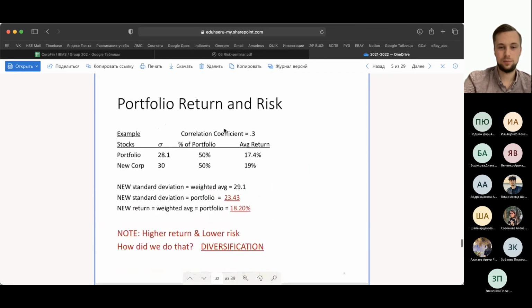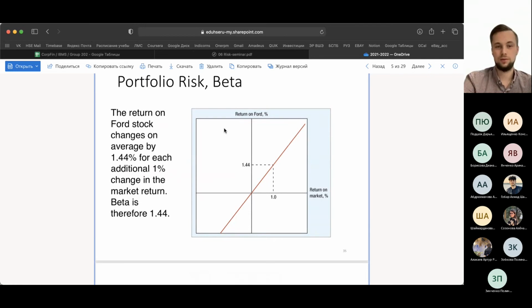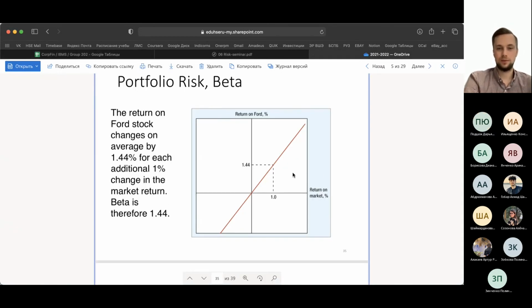Yeah, so for example, if the market price changes by 10%, how much will the stock price change? Beta multiplied by 10. Yeah, by 9.3%. So you can find the explanation here.